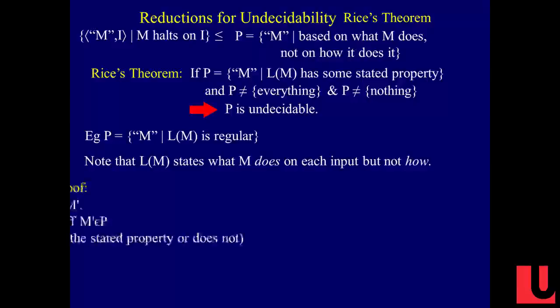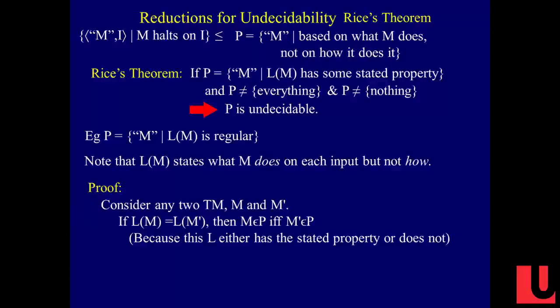All right? So one thing we want to note is that if you have two Turing machines, two possible inputs to P, and their languages are exactly the same, then the answer for M is the same as the answer for M prime.